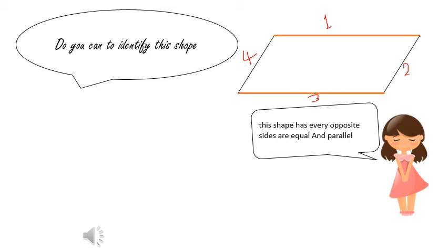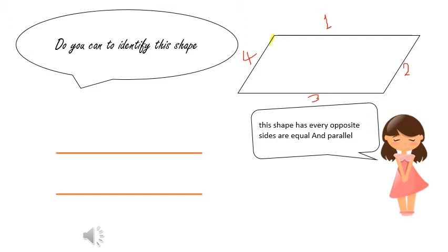The sides that we mentioned were orange. These two sides are parallel and equal, and we have another two sides. I will mark them with yellow.